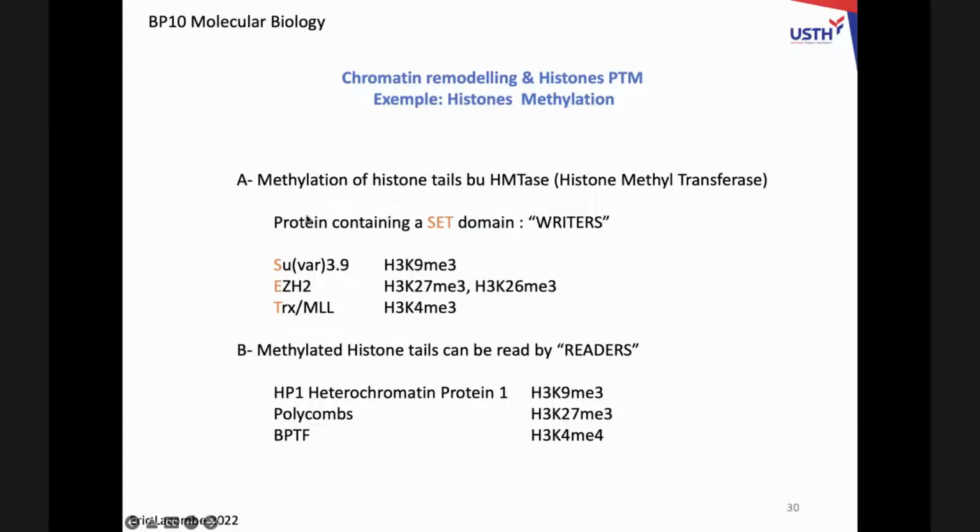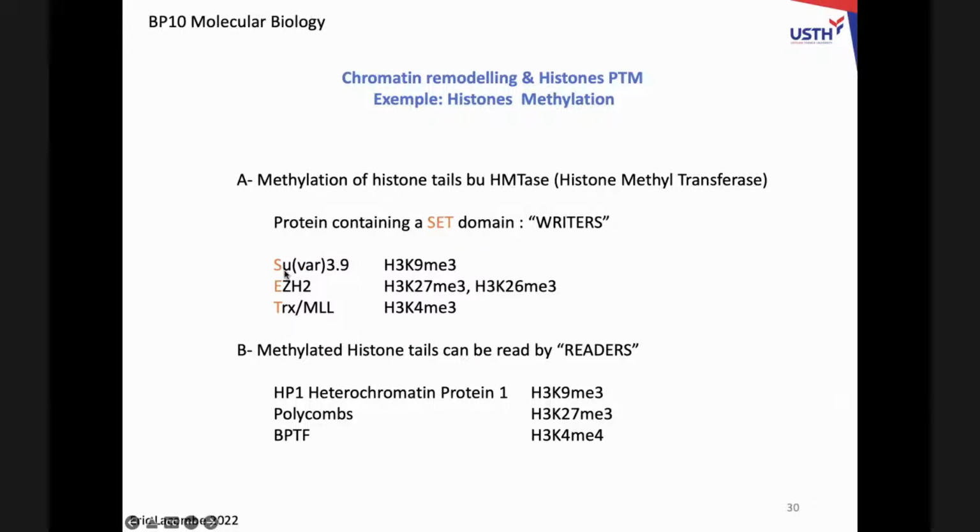So, for example, one common feature of all these histone methyltransferases is that in terms of structure of the protein, they contain a domain that we call SET. And the name SET, S-E-T, is just the acronym of the first 3 methyltransferases that have been identified.